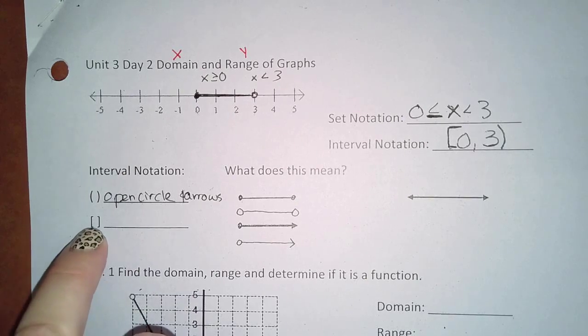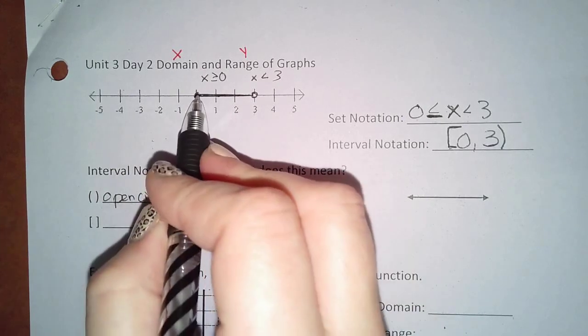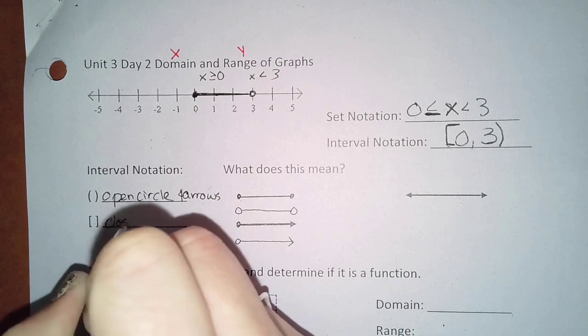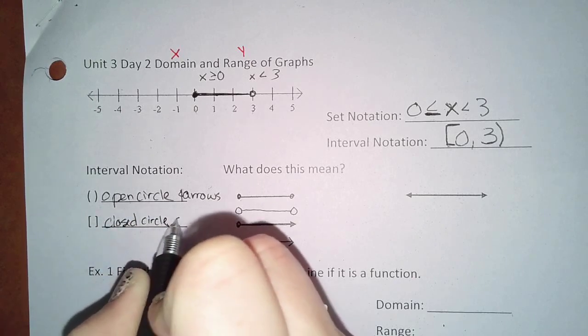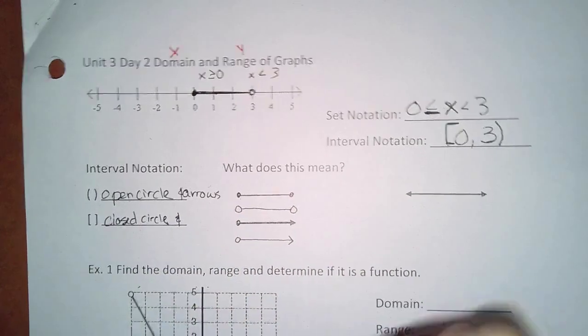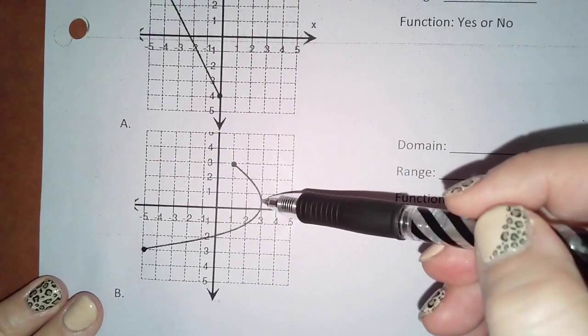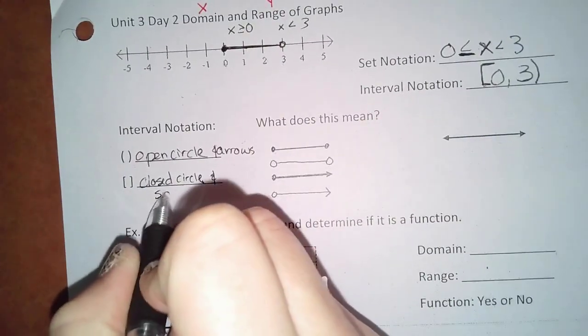I use these little closed brackets when I have a closed circle, and when it's the side of a shape. Like the side of this shape here, I can tell this is the farthest point over here.